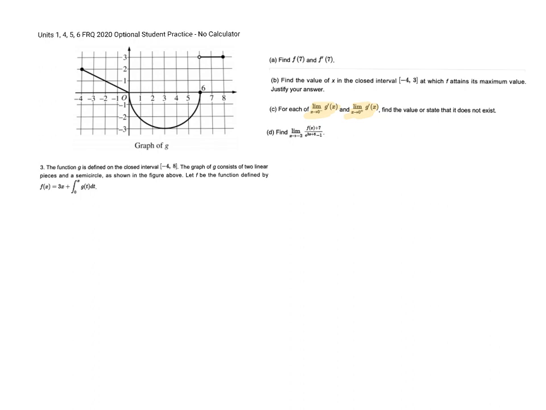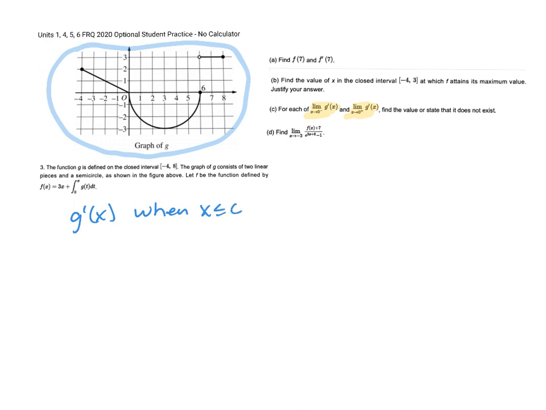Okay, so g is this graph here. And we get derivatives off a graph by looking at the slope. So g prime when we're less than 0, from the left side, is going to be the slope of this segment. Well, it doesn't take much to figure out that that equation is a line.